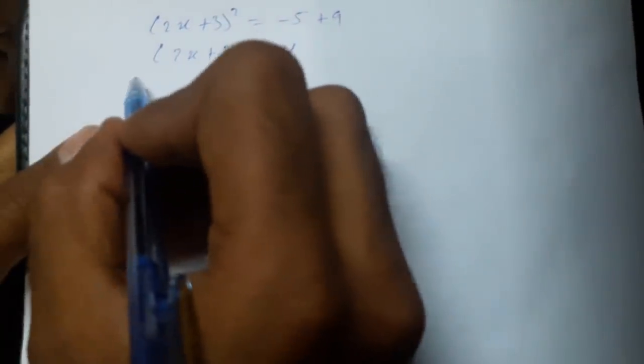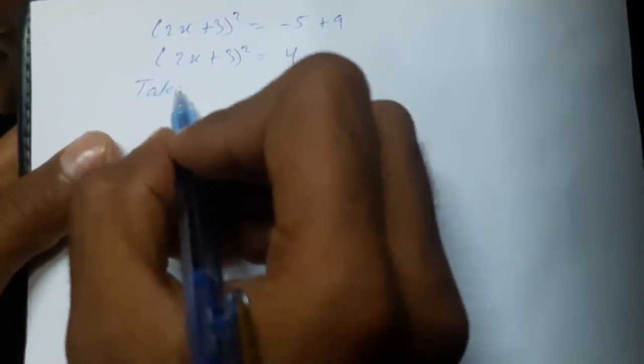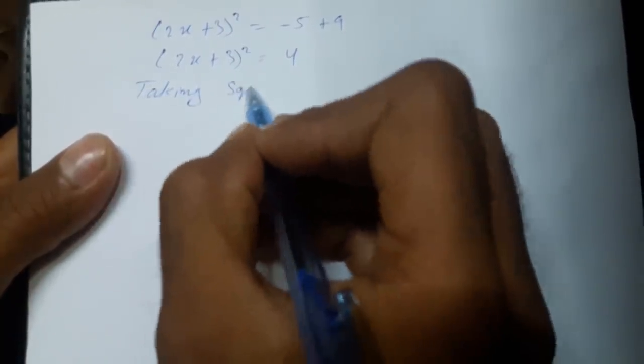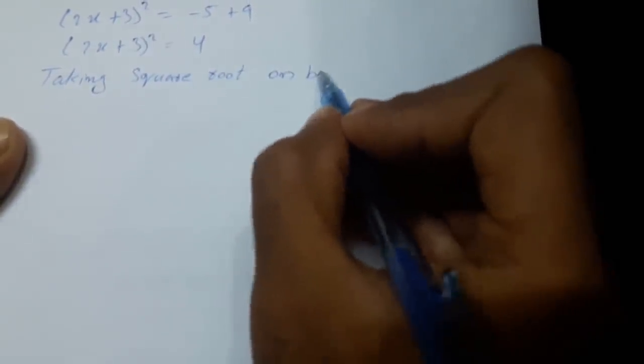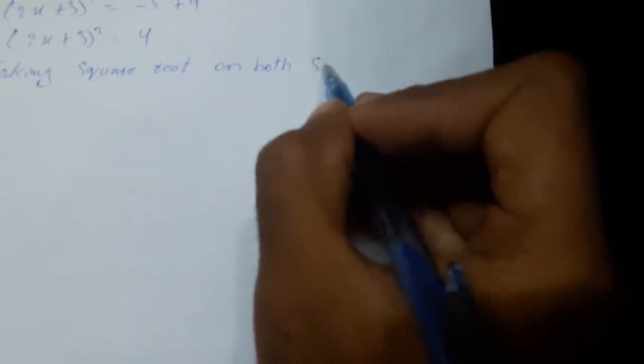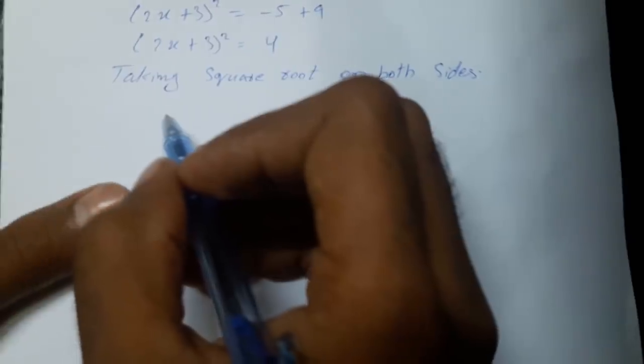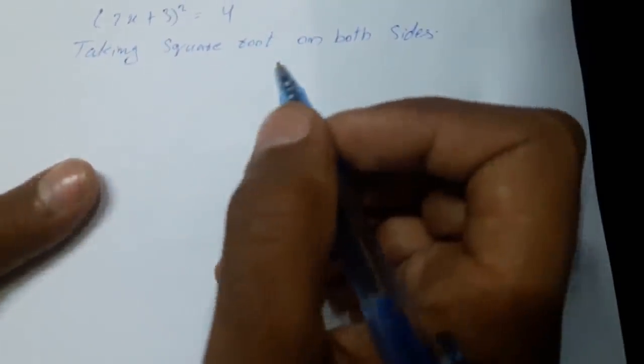So now taking the square root on both sides. Some people say under root; under root and square root are the same thing.